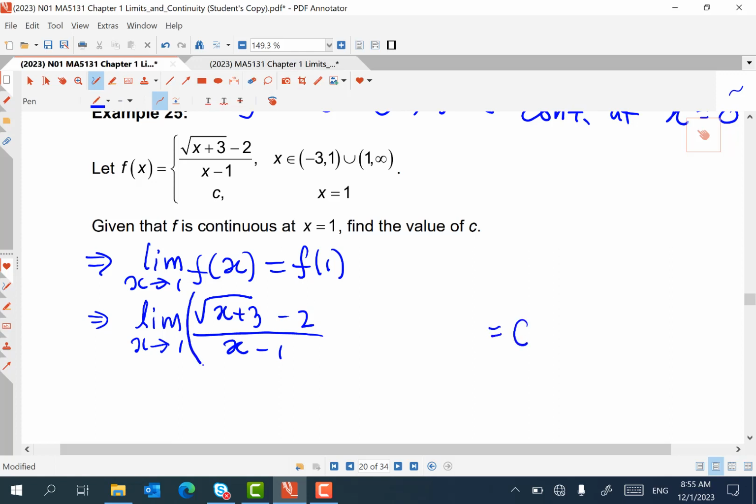And you already know by now that for this kind of question, to resolve the limit, what do we do? We multiply by the conjugate. Okay, now we can do this.